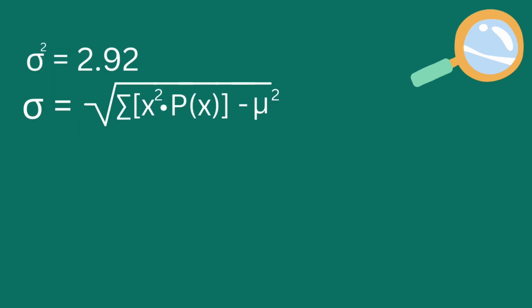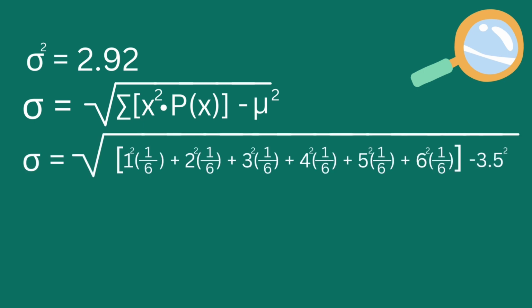Now for our standard deviation, with the formula of the square root of the summation of x squared times P(x) minus mu squared, or mean squared, it will be the square root of 1 squared times 1/6 plus 2 squared times 1/6 plus 3 squared times 1/6 plus 4 squared times 1/6 plus 5 squared times 1/6 plus 6 squared times 1/6 minus 3.5 squared.